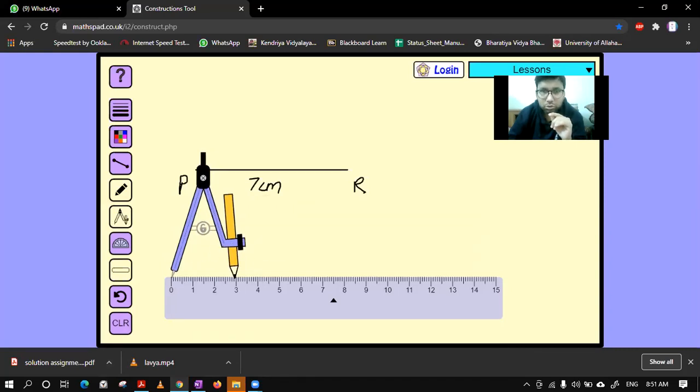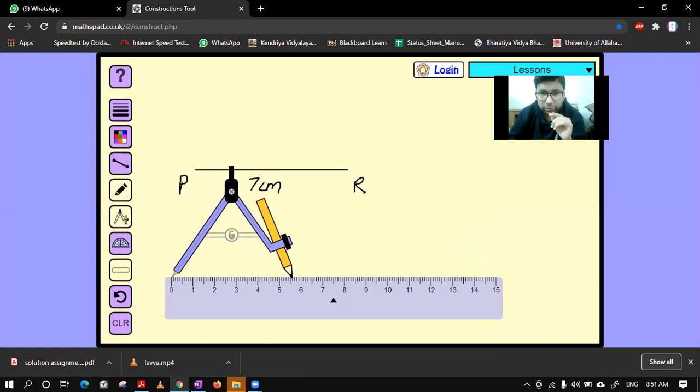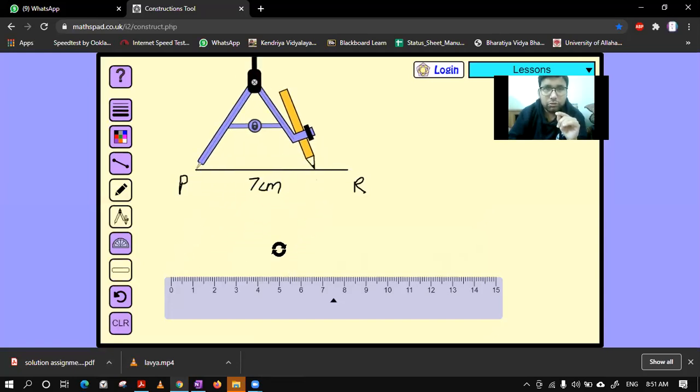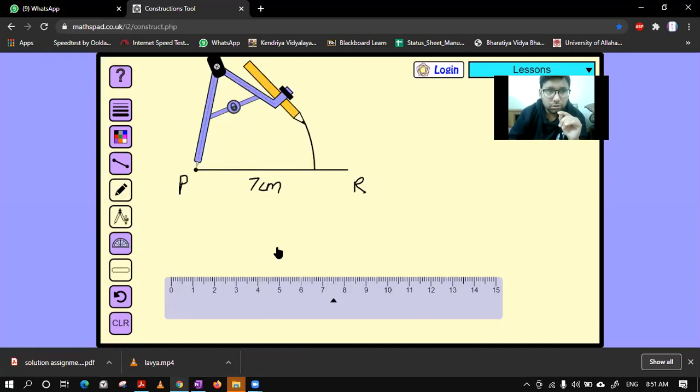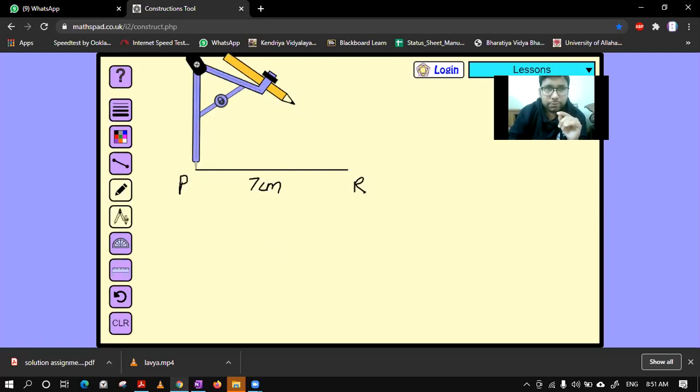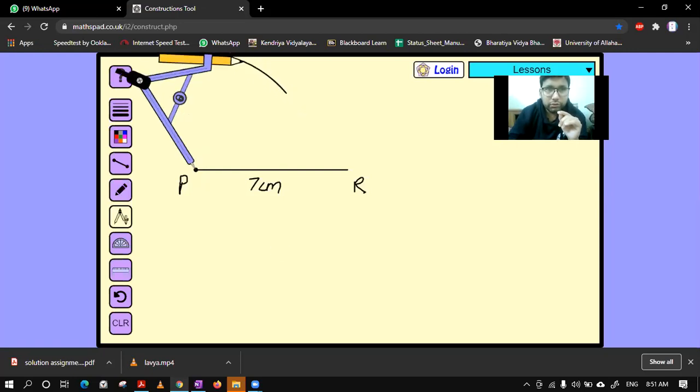Yes, Arshul, 5.5, around this much. Lock it. So keeping the compass on P, we will cut an arc. Not from here, this way, somewhere we will cut the arc.